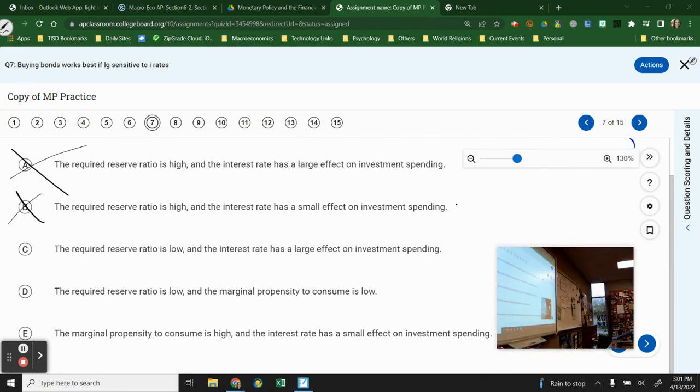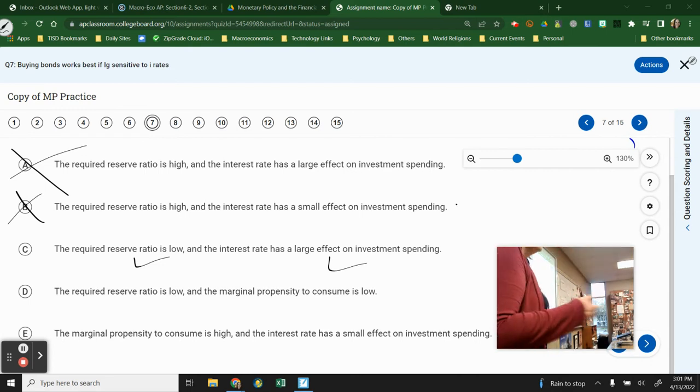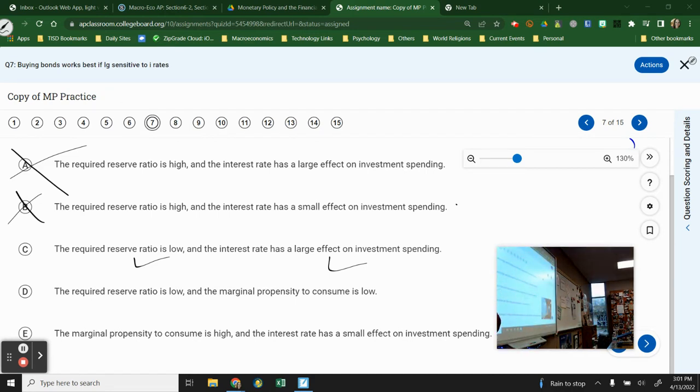What about C? RR is low. Good. And the interest rate has a large impact on investment spending? Good. Yeah. But because you're smart, you were all going to read all of your answer choices. Yes. RR is low. Okay, if it was good here, it's good here. And the MPC is low. What does MPC mean? Marginal propensity to consume.